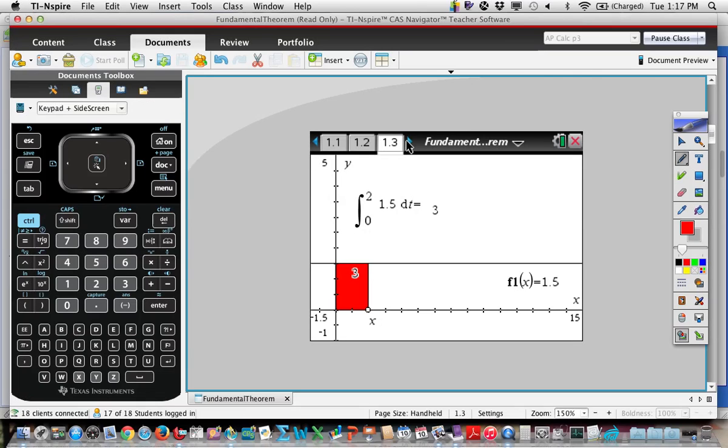Yes. What? Click that point. When in doubt, hit escape.